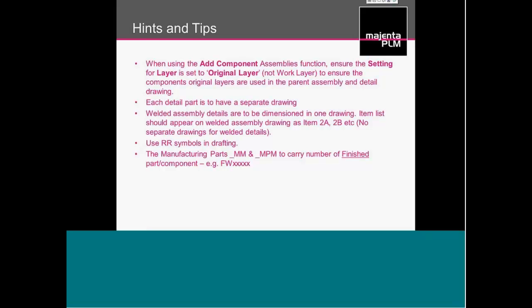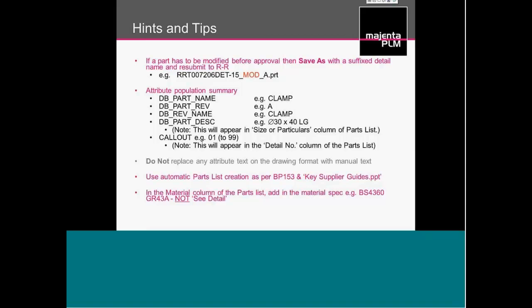So make sure that when you create your own symbols, not to include them in the Rolls-Royce folder structure. If a part has to be modified before approval, then use save as and with the suffix detail name and resubmit to Rolls-Royce. So this would be the type of number that you would use.